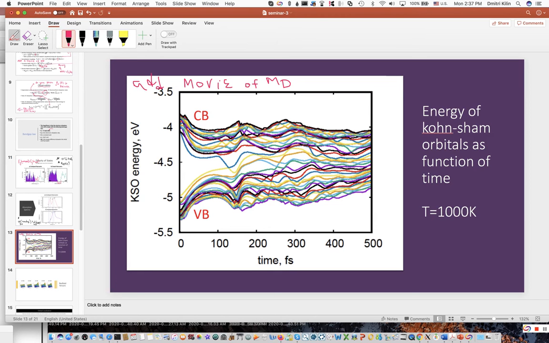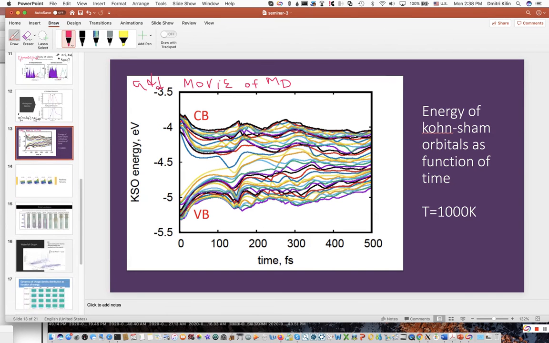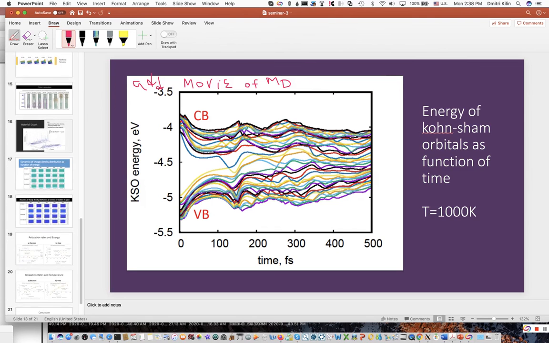Here we have how my Kohn-Sham orbital energies are fluctuating with time, and this is at temperature 1000 Kelvin. At time zero, we see that the band gap is approximately 1 electron volt, and then the band gap essentially closes with time.